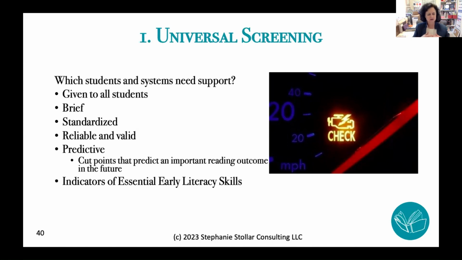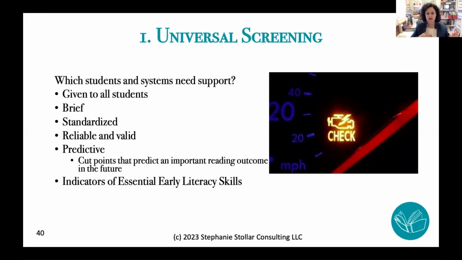I'm interested in knowing not just who's at risk, but I want to know what their likelihood of future reading performance is, because the whole enterprise is about changing that outcome, changing future outcomes for students. So I want to use screening tools that are predictive of important reading outcomes in the future.